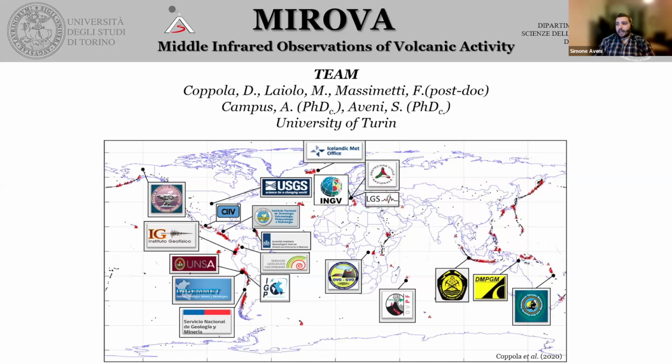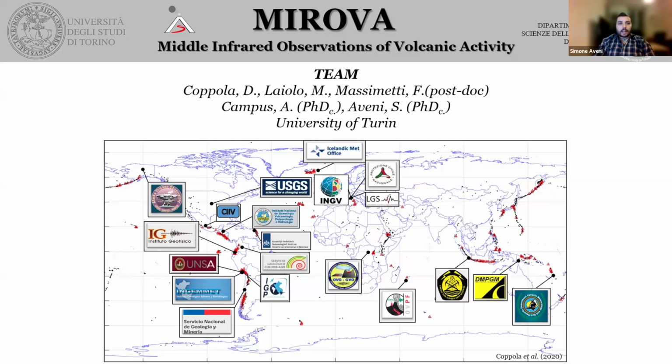And just here, this is a panel synthesizing all the institutions at a global scale using thermal infrared imagery in their daily monitoring routine. So you can see that's pretty much everywhere. So thermal remote sensing is indeed a valuable and irreplaceable tool for volcano monitoring.